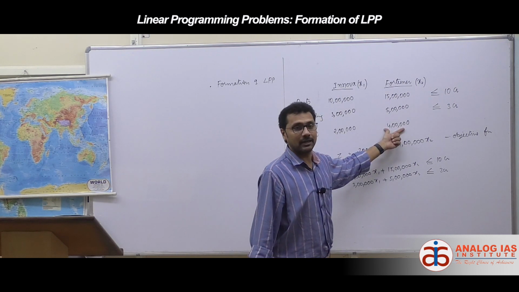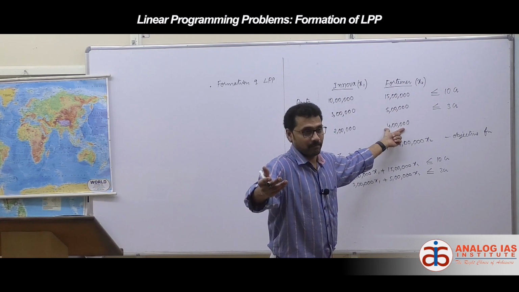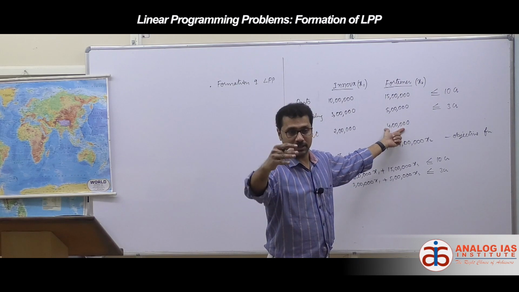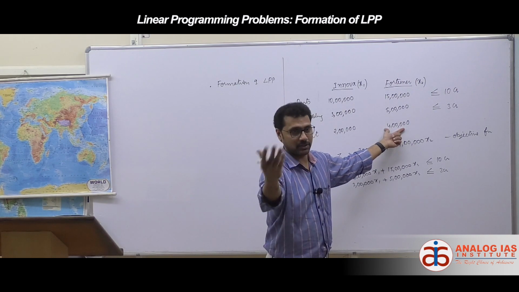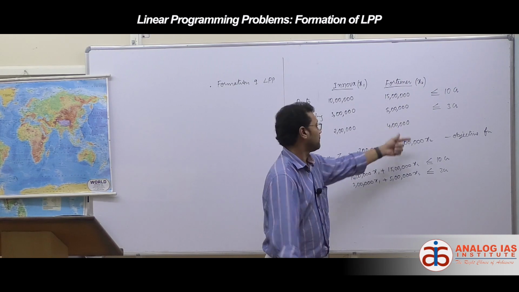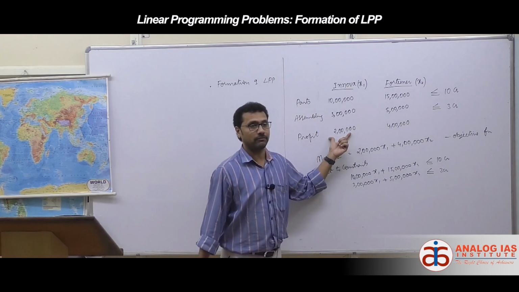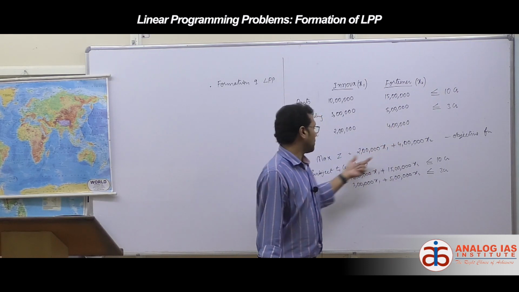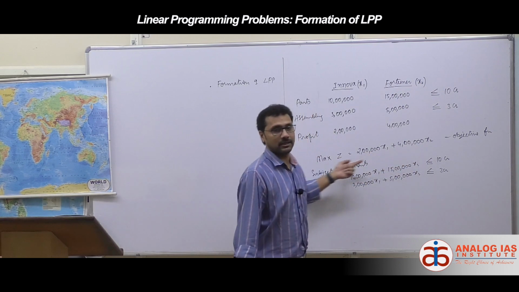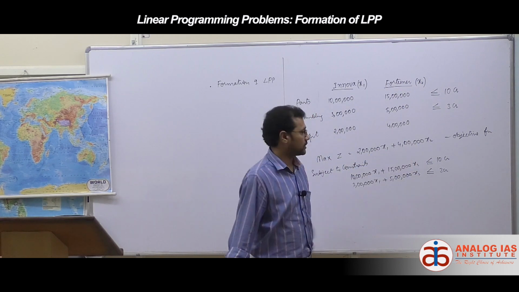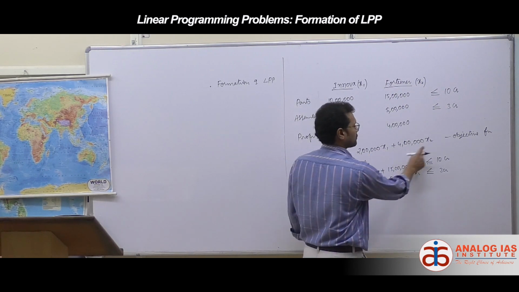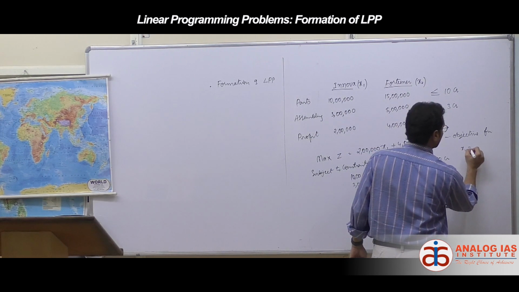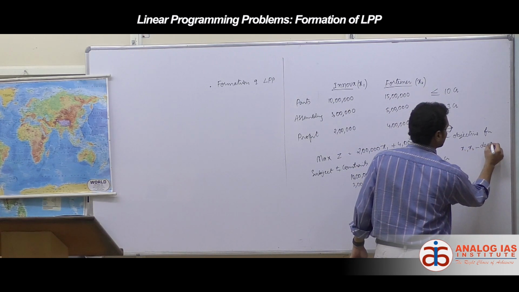Instead of 4 lakh, I can keep it as 5 lakhs. That depends upon the business entity, that you have to decide. The decision makers have to decide what should be my profit in each of them. So my objective is to maximize the profit function, the objective function, wherein I have to decide on X1 and X2, which are called decision variables.